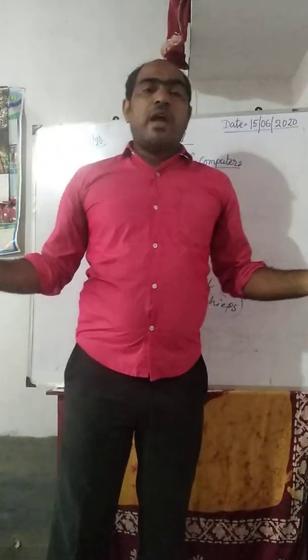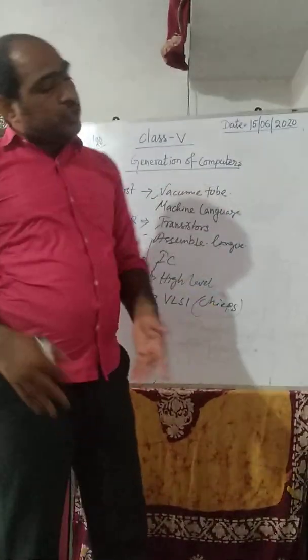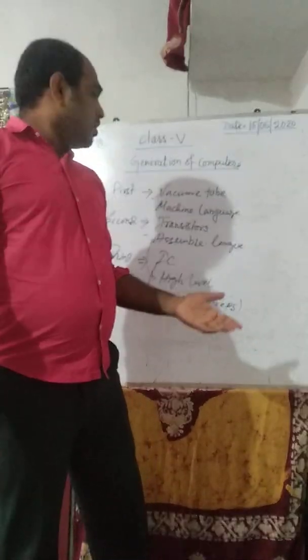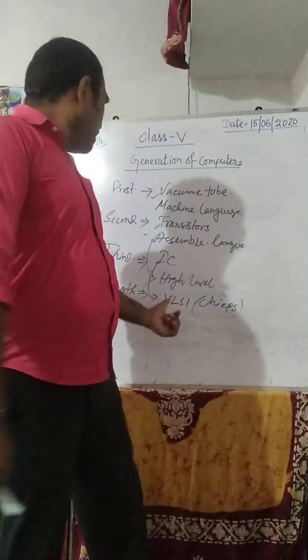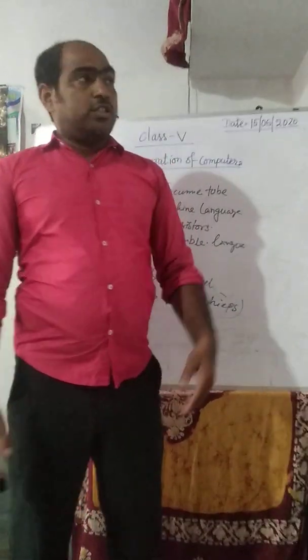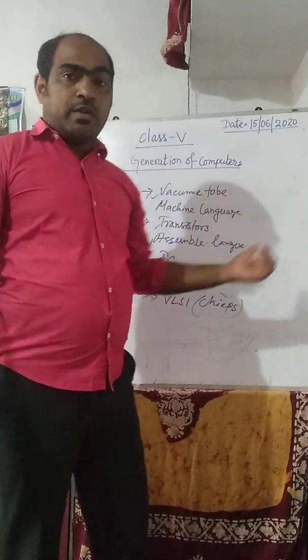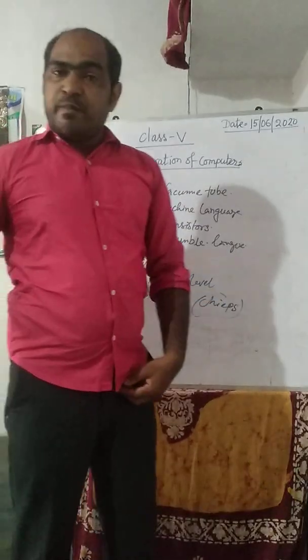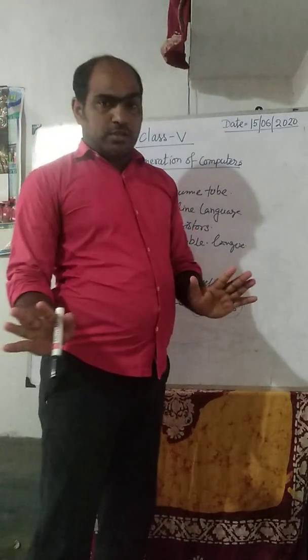So many things we can do, and the language is also high level language. Remember, at that time they used programming languages. This is the fourth generation. Now whatever computers we see, desktop, laptop, remember that they are examples of the fourth generation. So these were the functions of fourth generation computers.